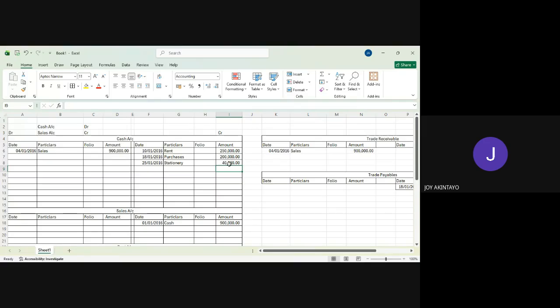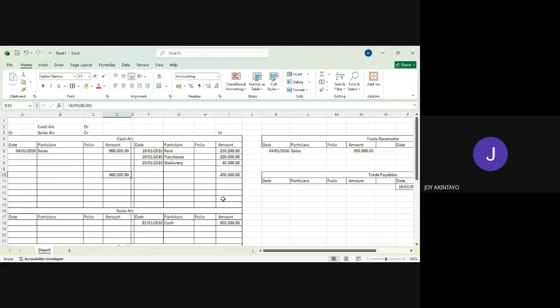If you add this together, let's add everything together. The debit side, you can see that we have 490 here. Then we have how much here on the debit side of our cash accounts?